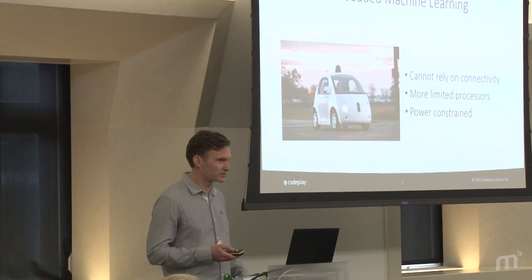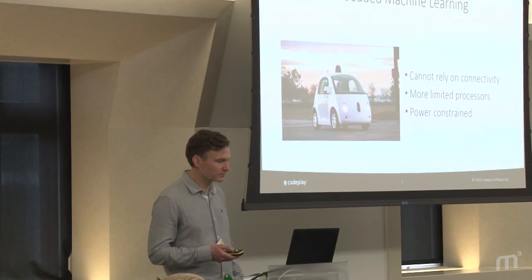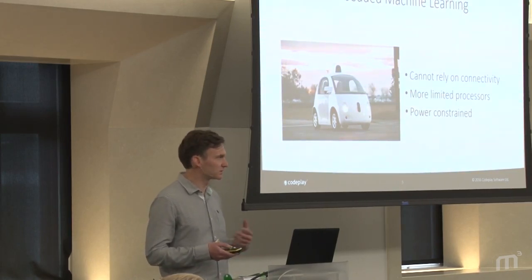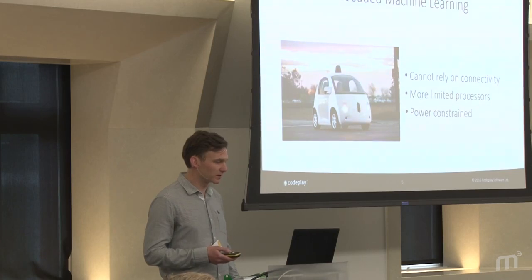You can't have a car that just has a load of power supplies in the boot and needs to be recharged all the time. So we need to be able to use more limited processors that are taking less power. And the last one, which is an obvious one to lead on to, is that they're power constrained, so they need to make the most of the power that they have.